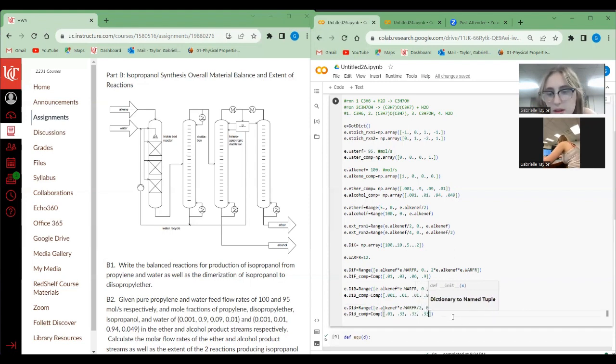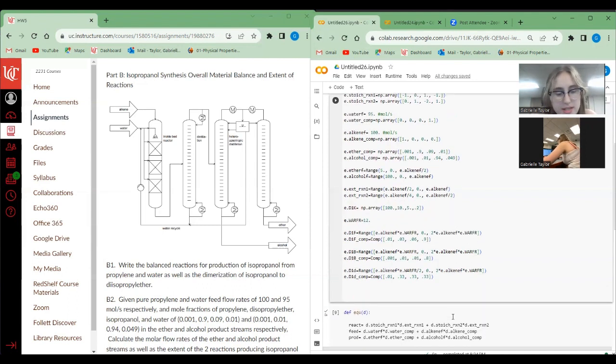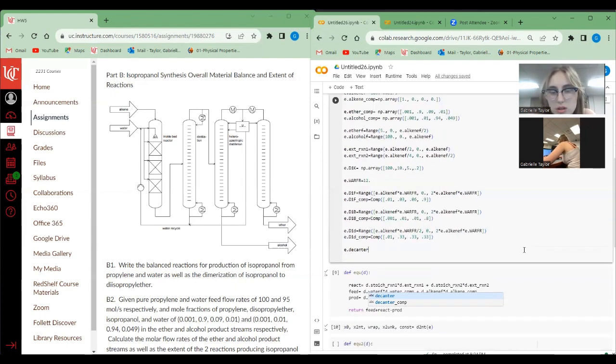The next thing we have left is our decanter water. It is going to go back to the flow of the system. So for our decanter water, let's think about the range of this.